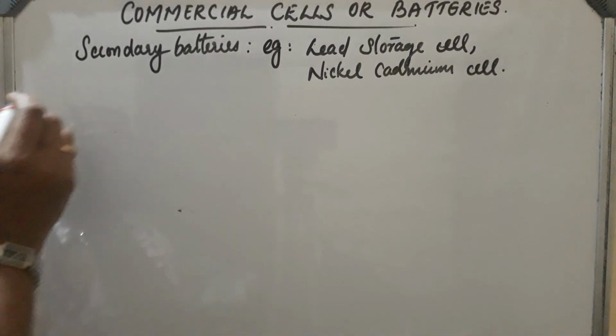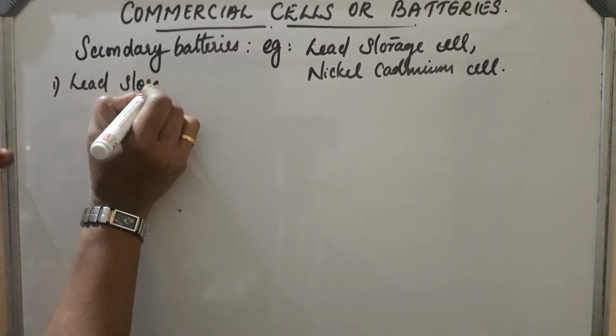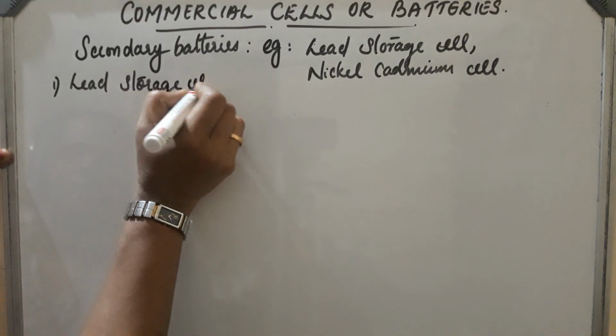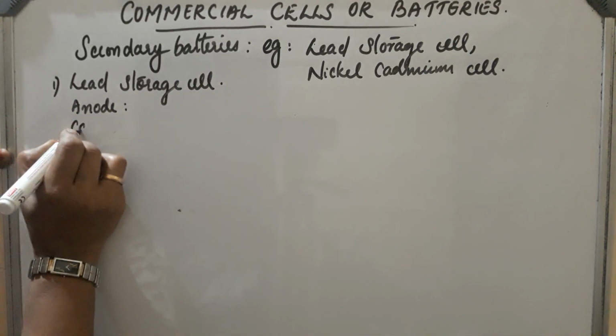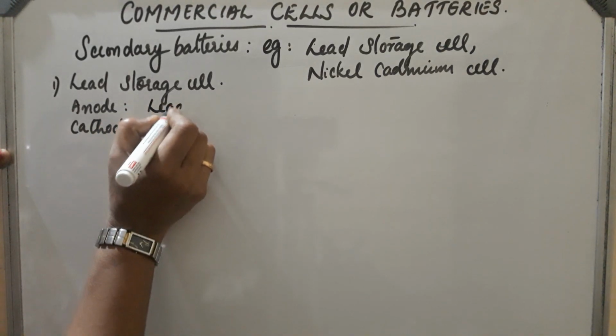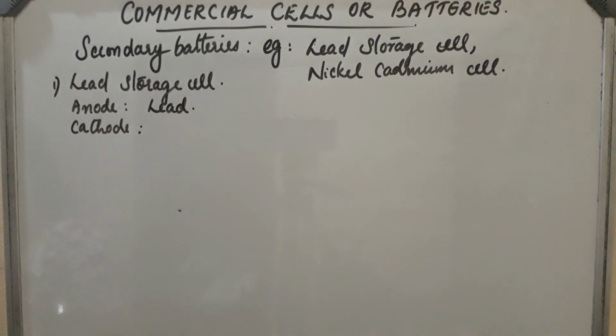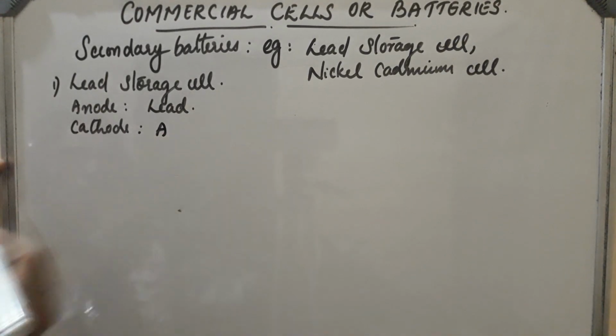Now, first one, lead storage cell. What about anode and cathode? Here the anode is lead, and the cathode is a grid of lead packed with lead oxide.